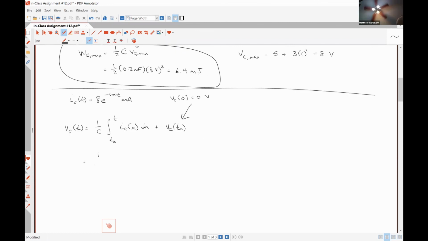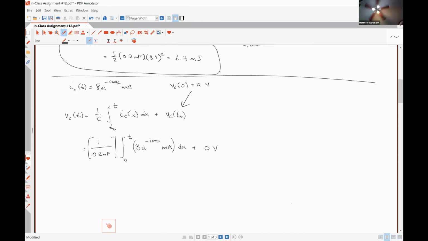So 1 over 0.2 millifarad times the integral from 0 to t of 8e^(-100t) milliamps dt, or dx, plus 0 volts. We can factor out a common factor of 8 milliamps.